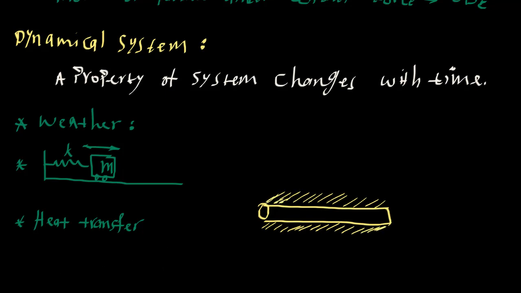Let's say you put one side of this rod inside boiling water. So the temperature here is, for example, 100 degrees. And on the other side, you put the other end inside iced water.